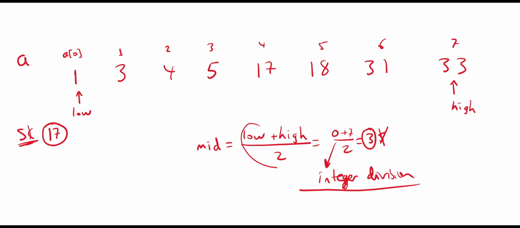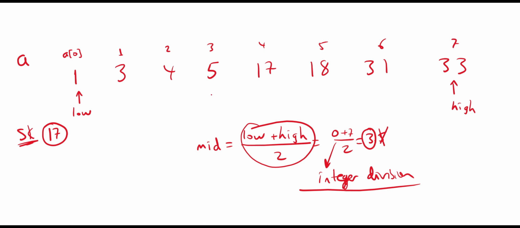We will use this formula for calculating mid, because this is not the only point that we are finding mid. We will continue to find mid until we are sure that the number is in the sequence or not, and we'll use this formula in every step. This is our first step, and we found that mid is 3.